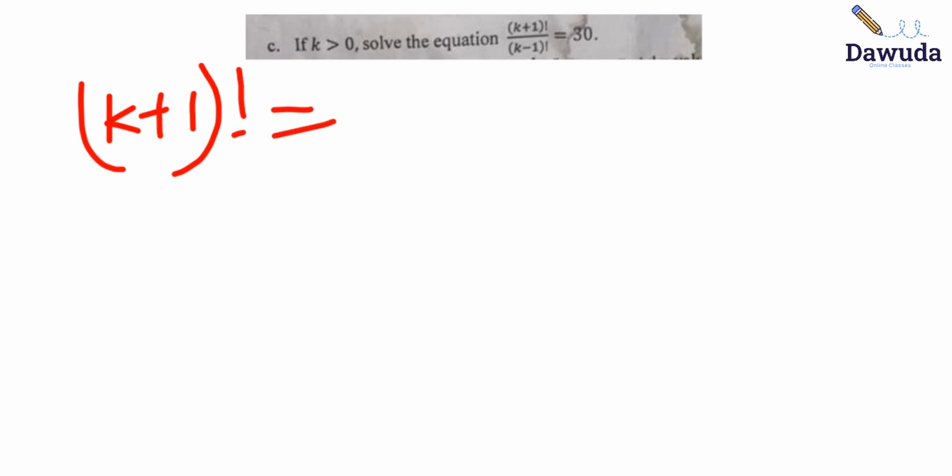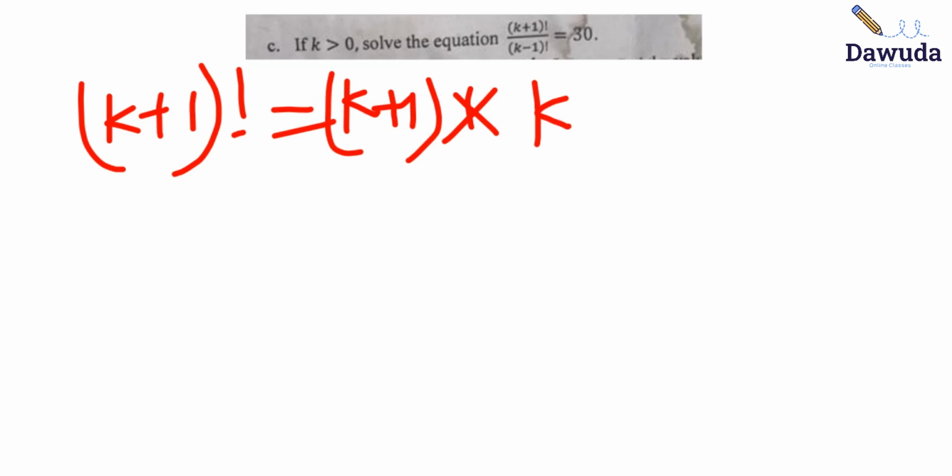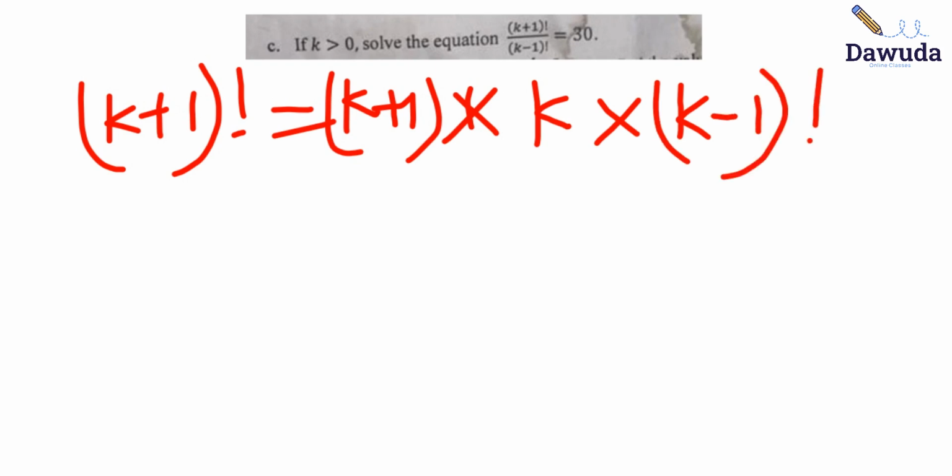So let's find k plus 1 factorial first. k plus 1 factorial will be equal to k plus 1 times k (you subtract 1 from k plus 1, which gives you k) times (k minus 1) factorial, right? That's k plus 1 factorial.